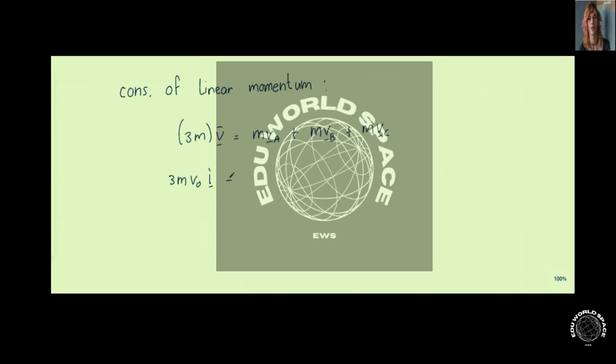We want to find v naught i in part A, and this is equal to m times 3.5 feet per second vA in the j direction, minus m vB also in the j direction, plus m times 6 feet per second in the i direction.